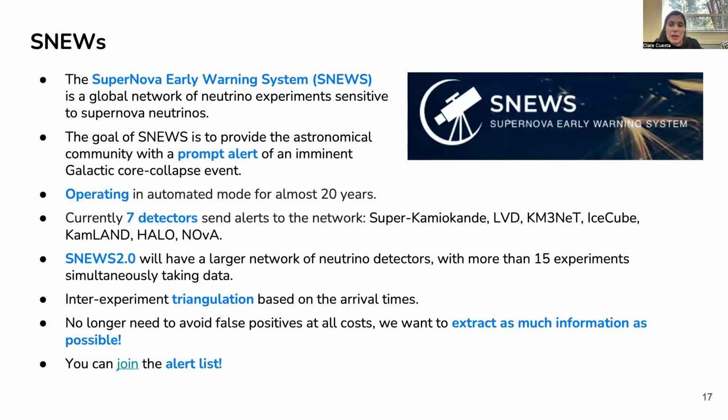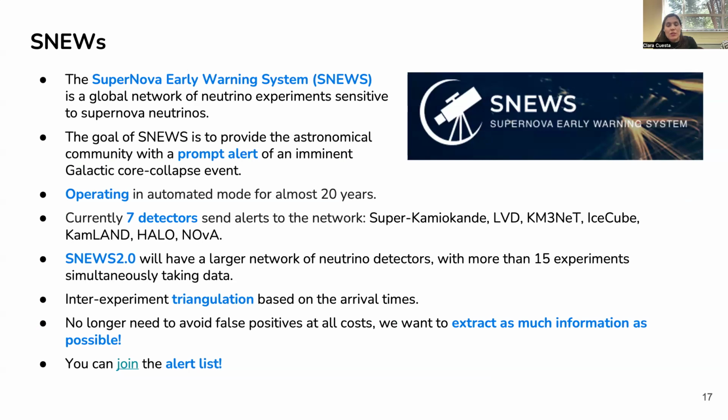SNEWS 2.0 will have a larger network of neutrino detectors with more than 15 experiments simultaneously taking data. It is possible to do inter-experiment triangulation based on their arrival time. And at this moment, the philosophy is that we don't need to avoid false positives at all costs, as was foreseen at the beginning.